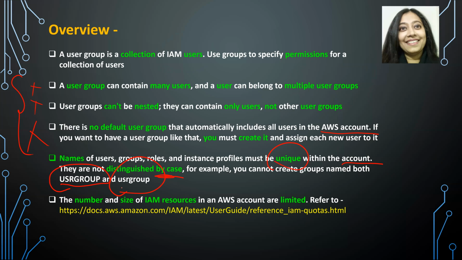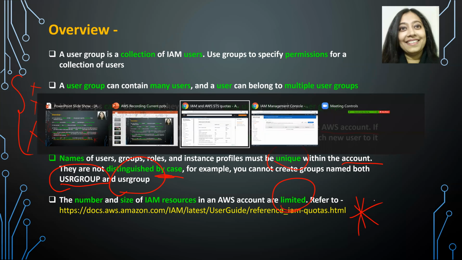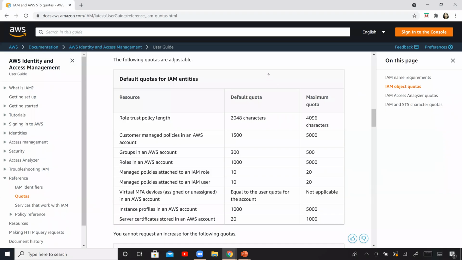The number and size of IAM resources in an AWS account are limited. And if you want to know these limits and quotas, I would encourage that you visit this particular URL, and that has all the quotas. In fact, I believe I have the URL open right here. So this is the URL, and these are some of the default quotas that are adjustable in nature.